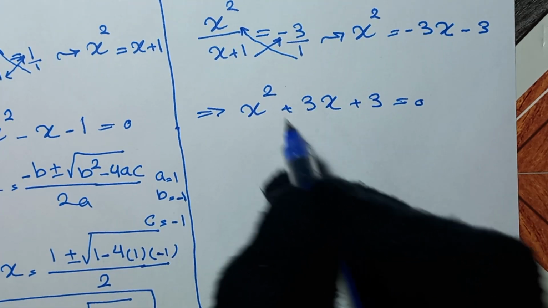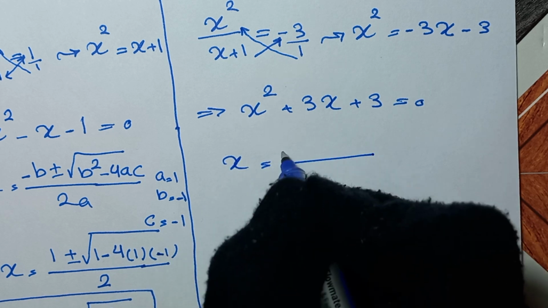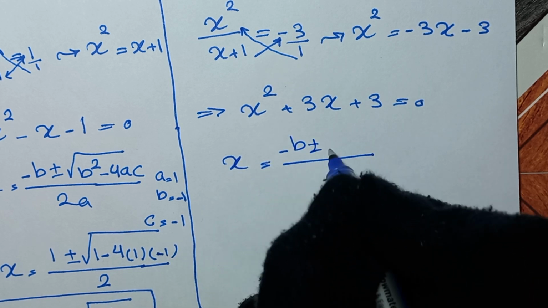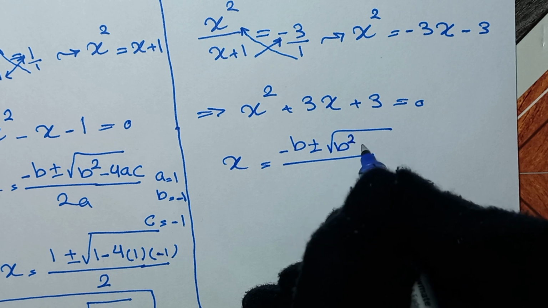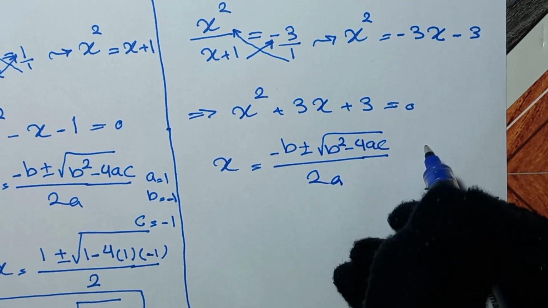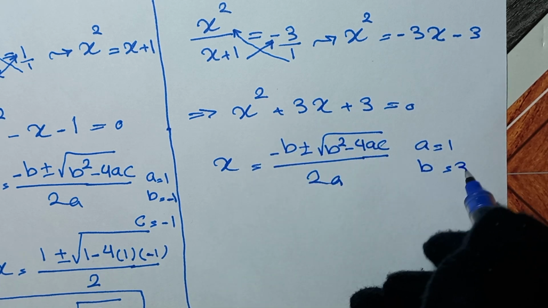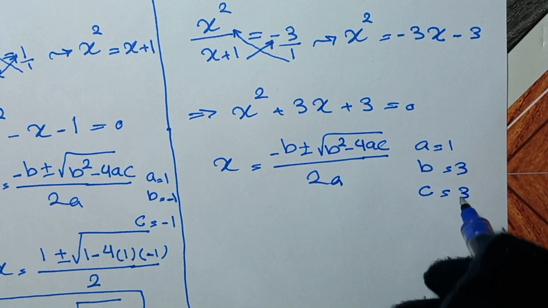And here we use the quadratic formula, and it will be x equals negative b plus or minus square root of b squared minus 4ac over 2a, where a, the coefficient of x squared, is 1, b, the coefficient of x, is 3, and c, the constant, is 3.